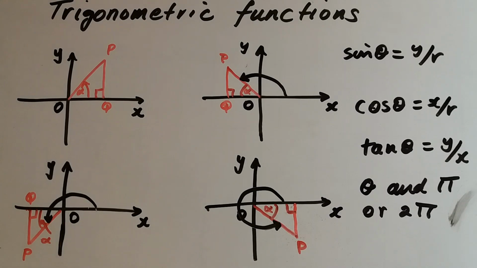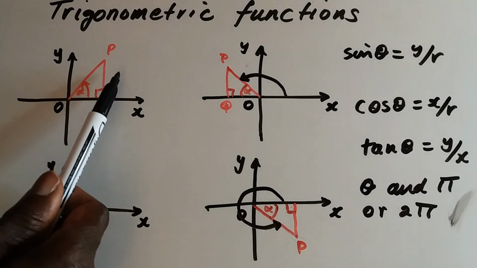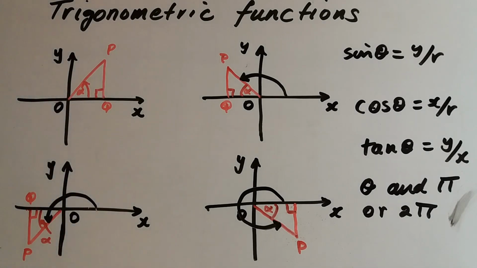We also defined the ratios, and we also stated that the Cartesian axes x and y outline 4 quadrants, quadrants 1, 2, 3 and 4, numbered from here going anti-clockwise. We also noted that theta is the angle which OP has rotated.